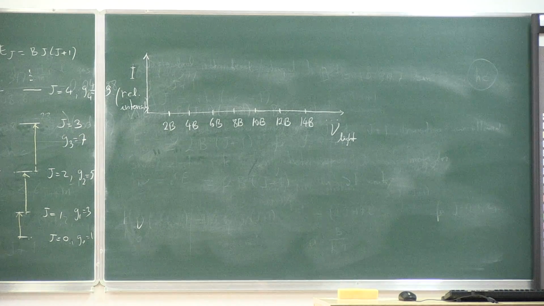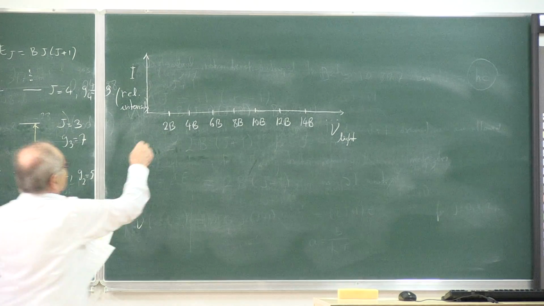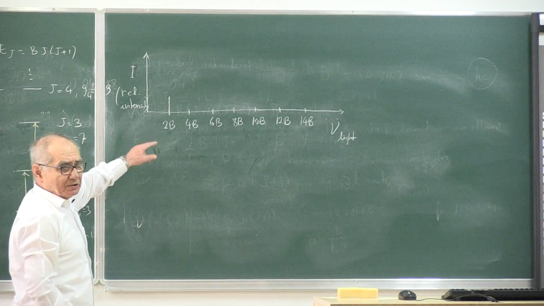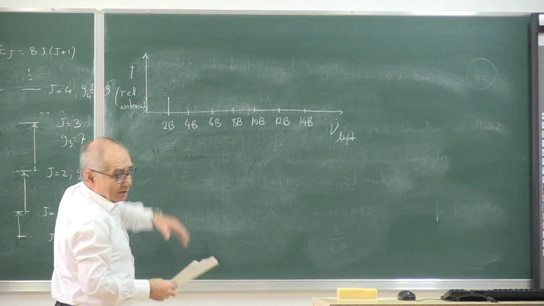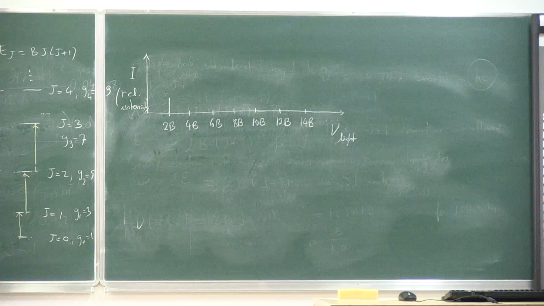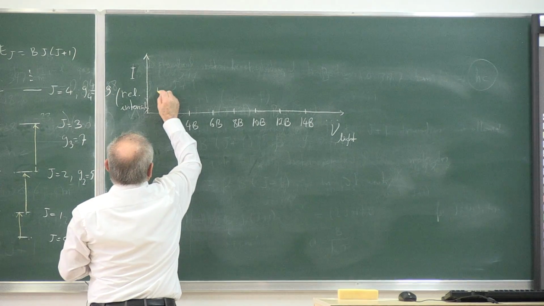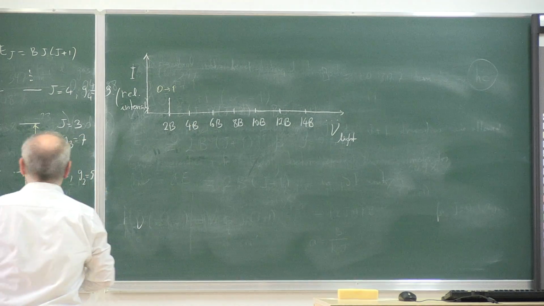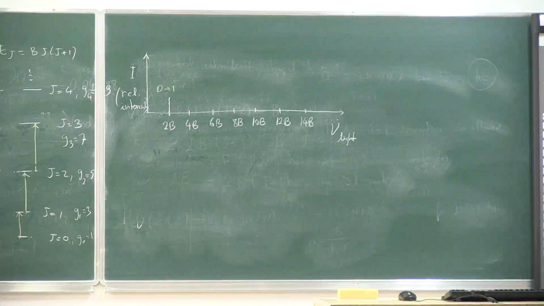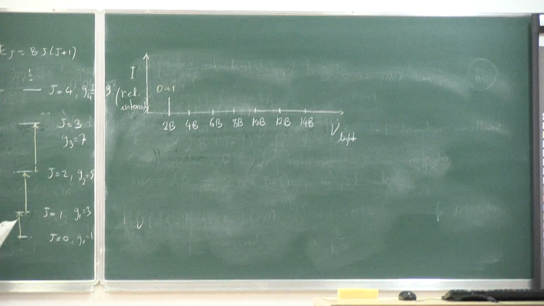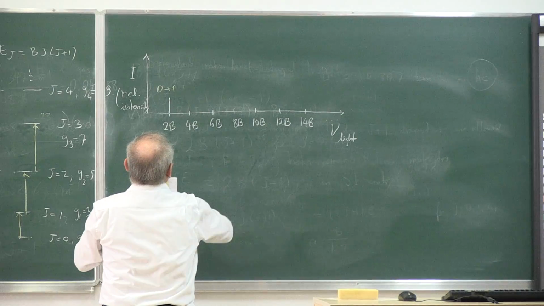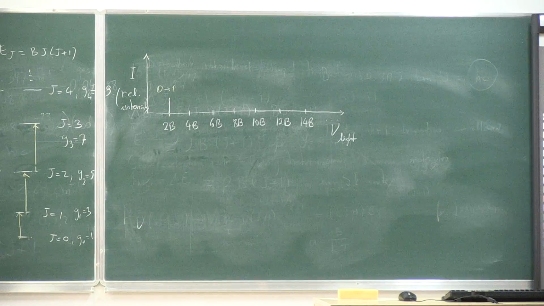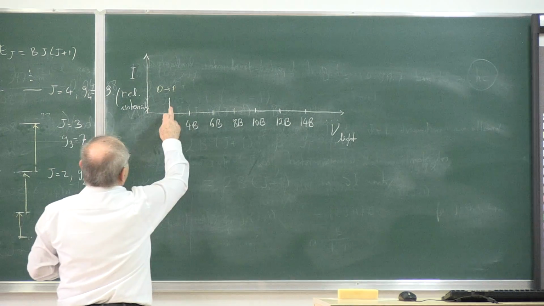And if you take the first transition as 1 unit, for example, 1 centimeter height, this corresponds to 0 to 1 transition, and the photon frequency is 2 times B. The height of the next line is 2.7 times the initial, the first one.